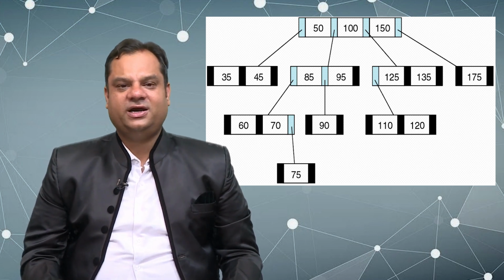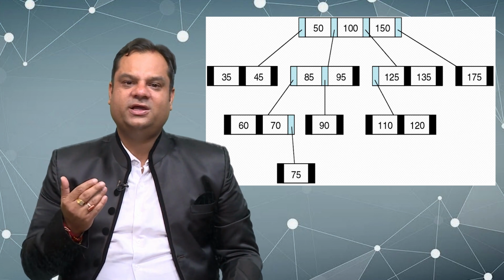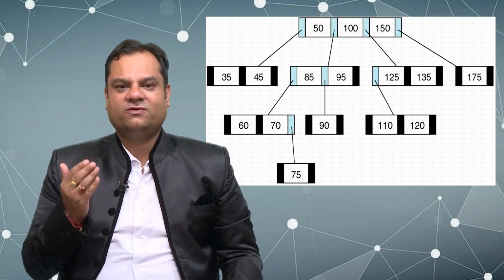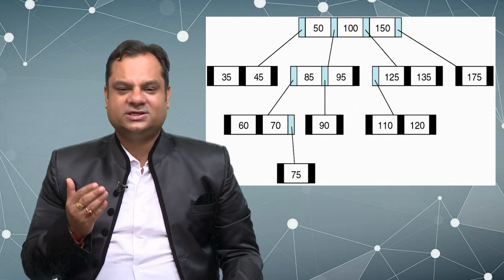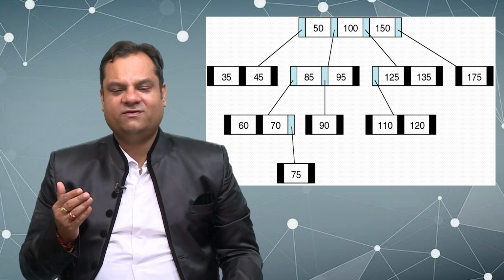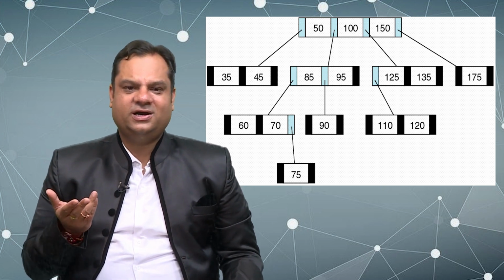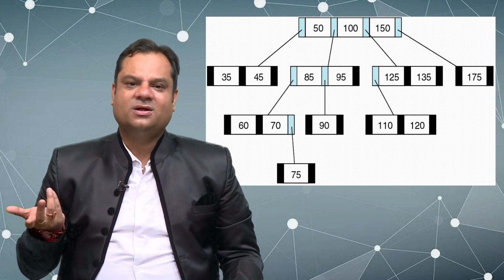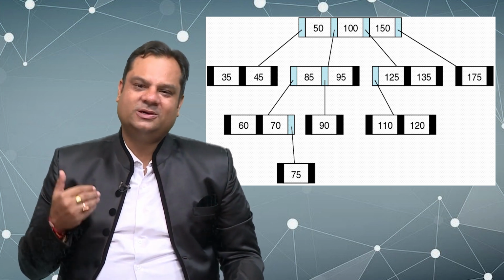Another is 90. Compared to the root node 50, it will lie between 50 and 100. That's why I follow the path of the second one, that is the C2 child. C2 children already have 85 and 95 available. We can insert it between 85 and 95. But it again depends on me. There is no restriction to insert at that particular level.